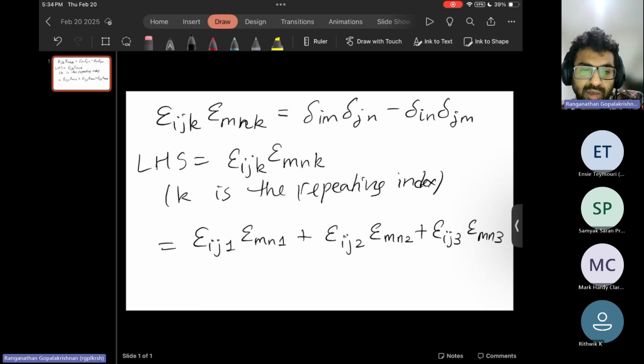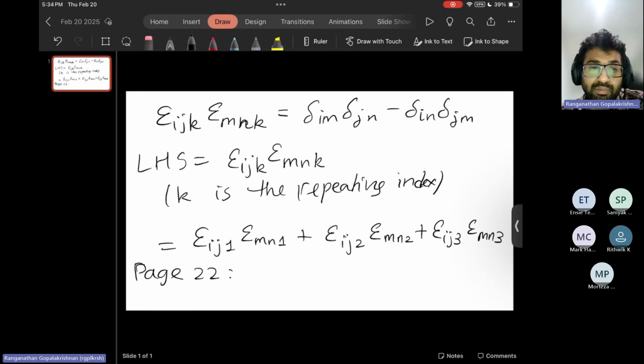Okay, so firstly, before we do that, just as a hint to everyone, if you go to page 22 of the textbook, there is a hint that the book suggests to start this problem.